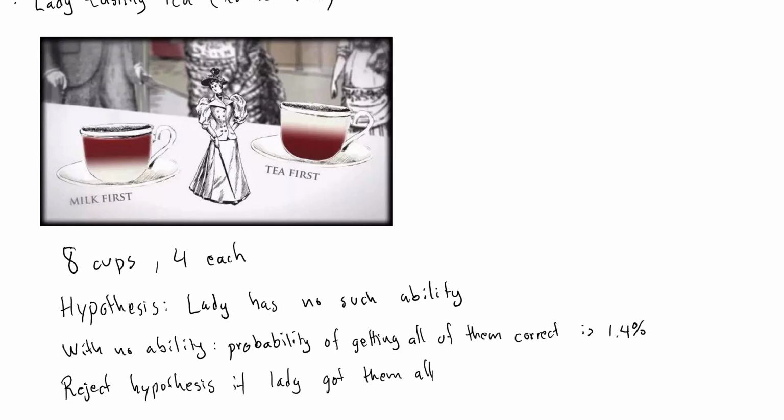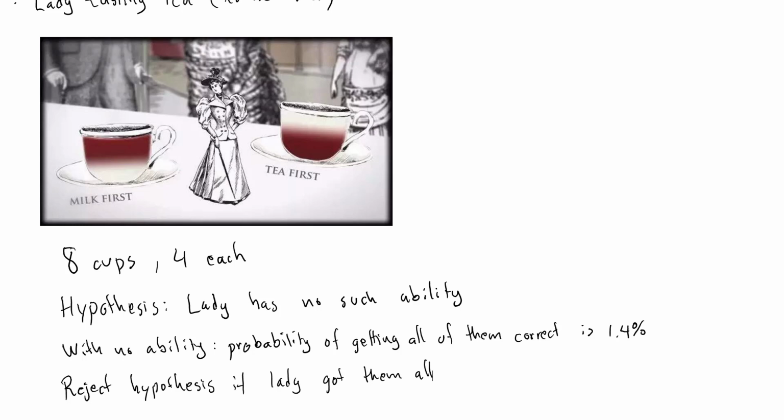I mean, you could, in theory, formulate it as the lady has such an ability. However, that would create big difficulties. How would we in such a case calculate probabilities? If she has the ability, what's, for example, the probability of getting one cup wrong?